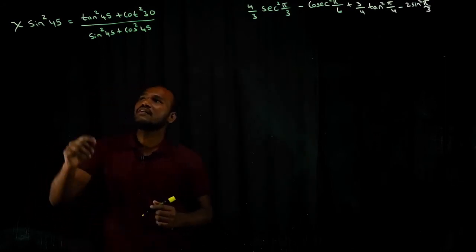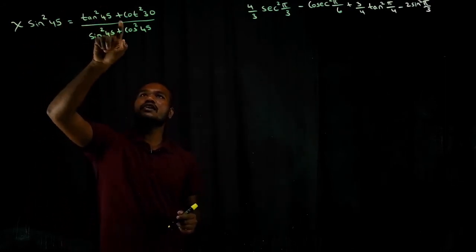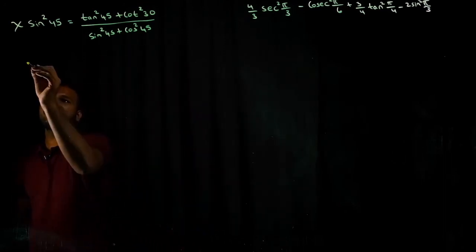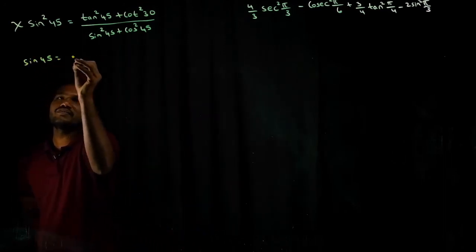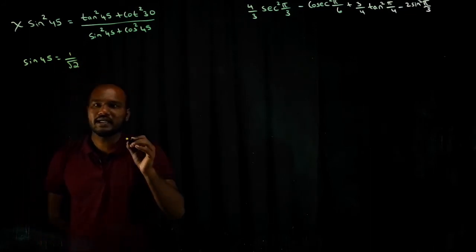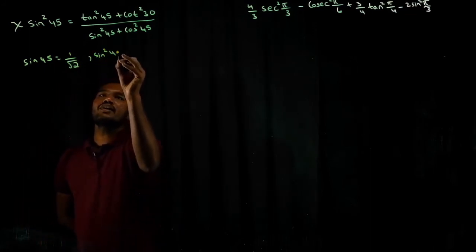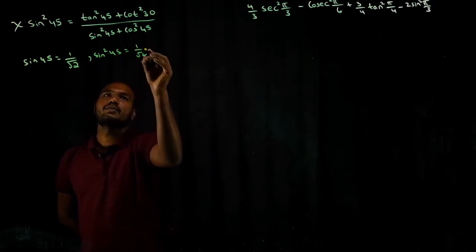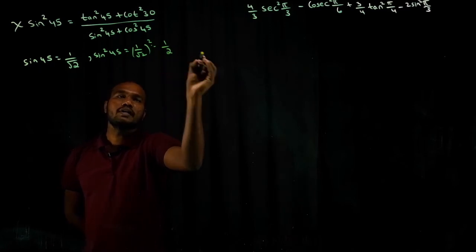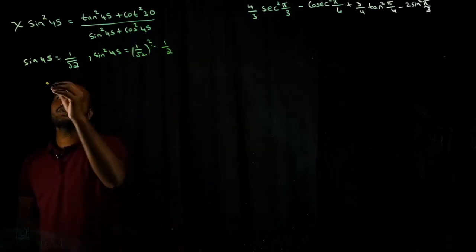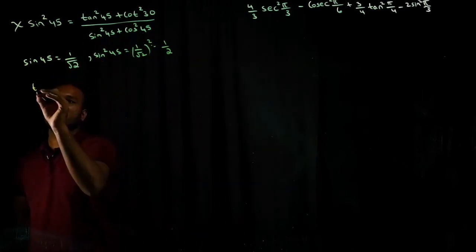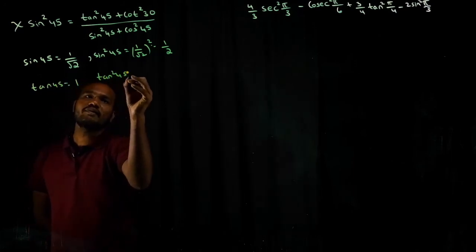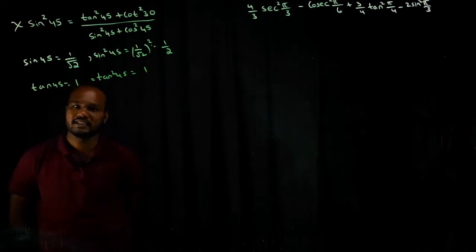Now what is given? x is given with sin² 45, tan² 45, cot² 30, and sin² 45. First we need to know sin 45. How much is sin 45? 1 by root 2, right? So sin² 45 will be 1 by root 2 whole square, which is 1 over 2. Tan 45 is 1, so tan² 45 is also 1 squared, that is 1 itself.